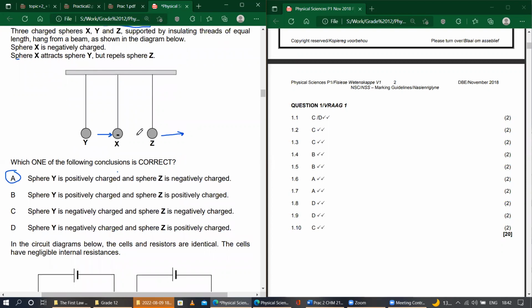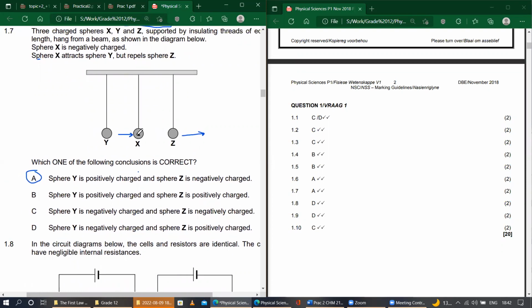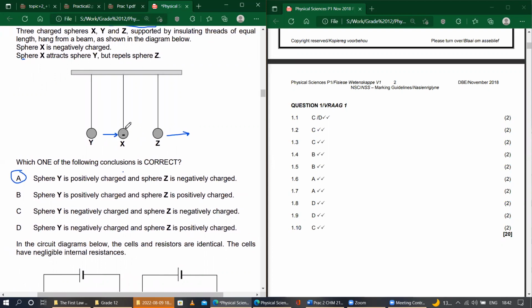This one is about the spheres, where we know that X is negative and it pulls Y closer to it, but it repels Z. We know that positive and negative attract, negative and negative repel, positive and positive repel.